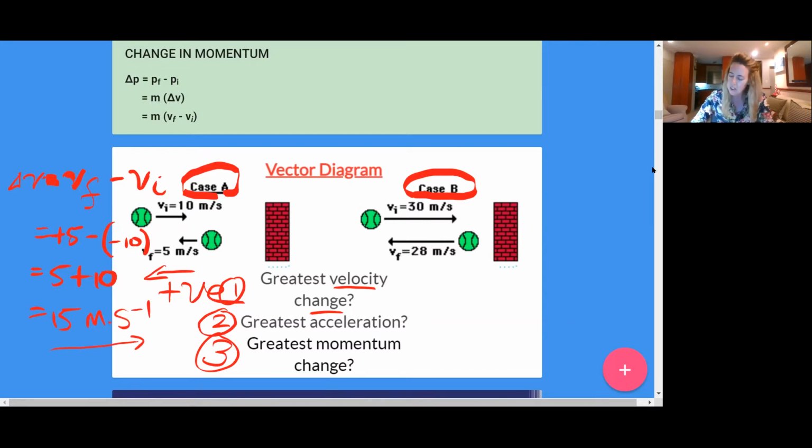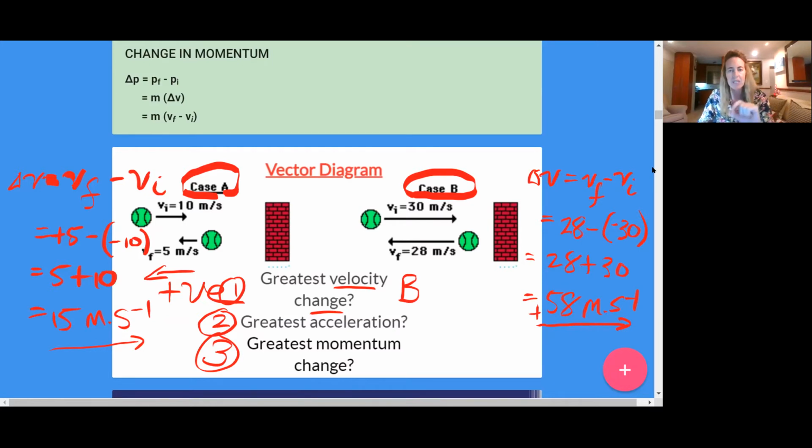We can also work out the change in velocity for case B, which will be the final velocity, take away the initial velocity once again. The final velocity is positive 28 meters per second. I subtract the initial velocity, which goes in the negative direction, as negative 30 meters per second, and that gives me 28 plus 30, which is a positive value of 58 meters per second. Which of these two cases will have the greatest velocity change? Clearly, that would be case B, because 58 is greater than 15 meters per second.